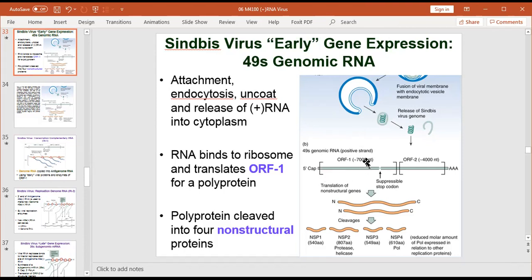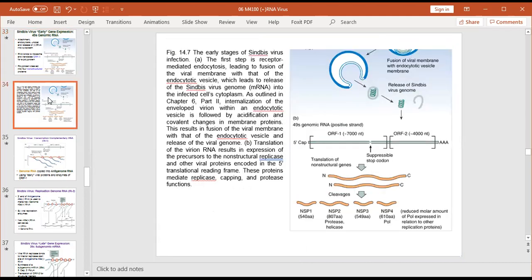And this polyprotein is cleaved into 4 non-structural proteins: non-structural protein 1, non-structural protein 2, non-structural protein 3, and non-structural protein 4. The issues that we just discussed are depicted in slide number 34.